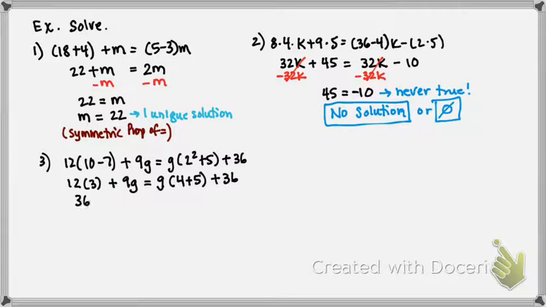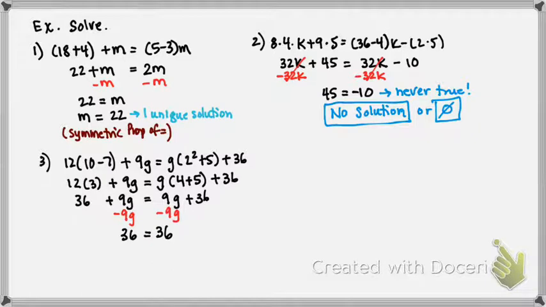So then we get 36 plus 9g equals g times 9, which is 9g, plus 36. So if I try to get my g's together, I'm going to subtract 9g from both sides. And we end up with 36 equals 36.